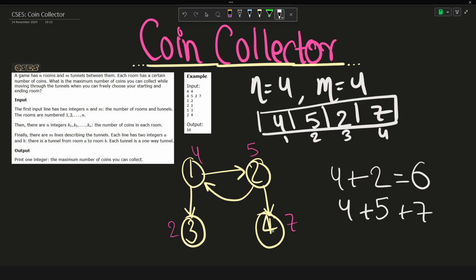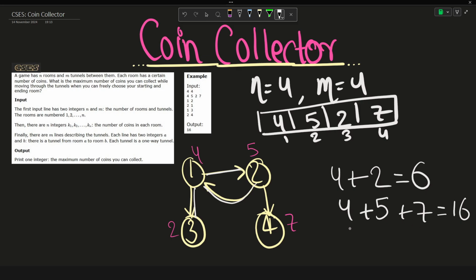Now if you see, it is not possible to go anywhere from the fourth room, so we will stop here. So we collected a total of 16 coins. Suppose we have decided to go from 1 to 2 and then again to 1 and then to 3, like this: from 1 to 2, then 2 to 1, and then 1 to 3.